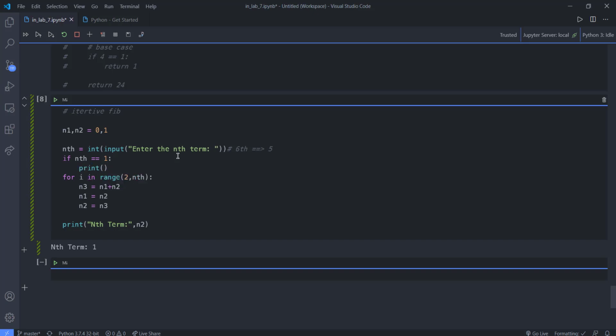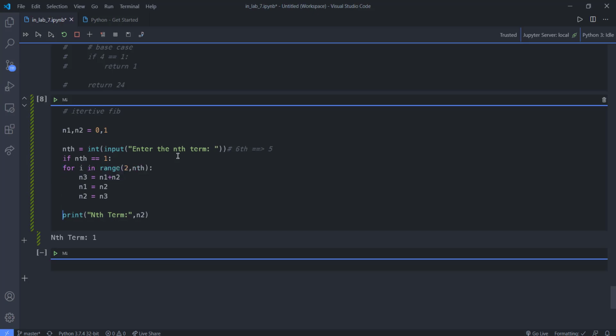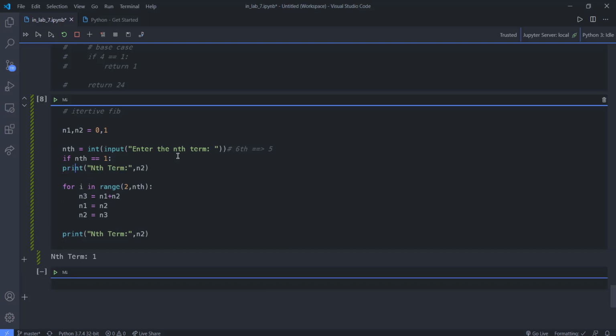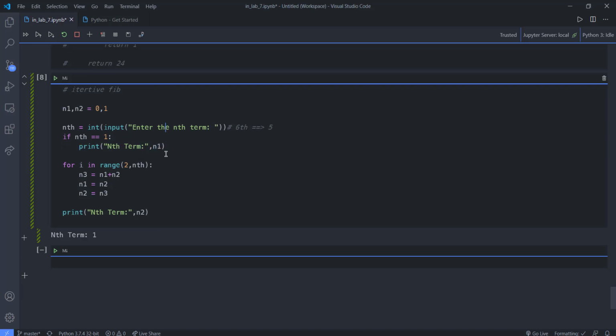So you're just gonna print that in terms of n1, right? Else we're gonna have all of these inside.